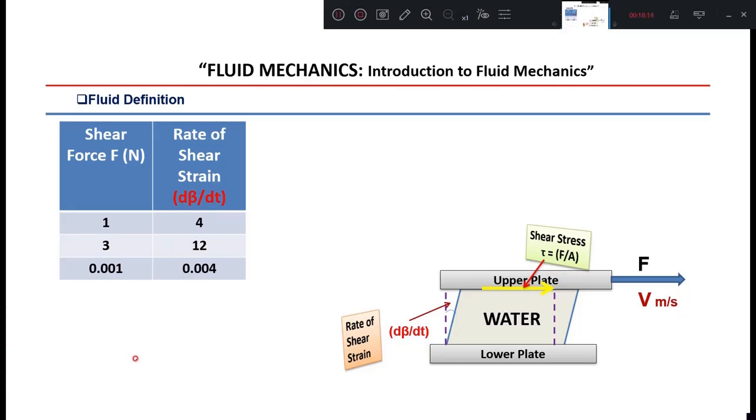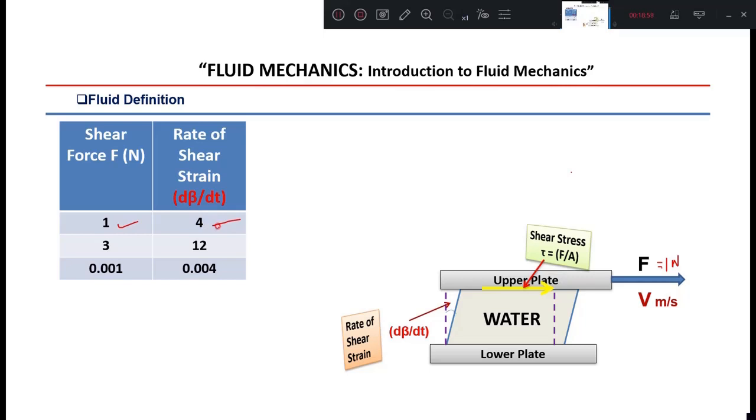Say for instance we have applied 1 Newton of shear force, and under the action of this force the rate of angular deformation is 4 degrees per second, which means that water will keep on deforming by 4 degrees in 1 second until 1 Newton of force is applied.